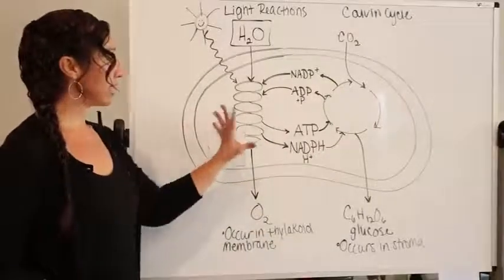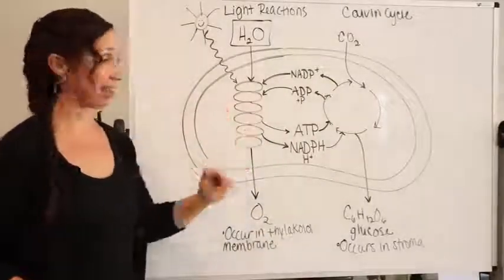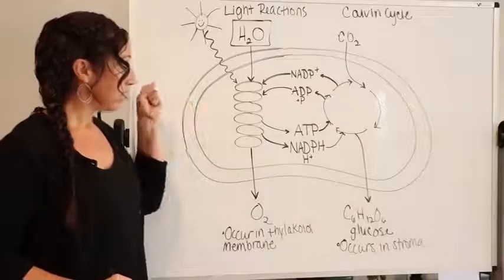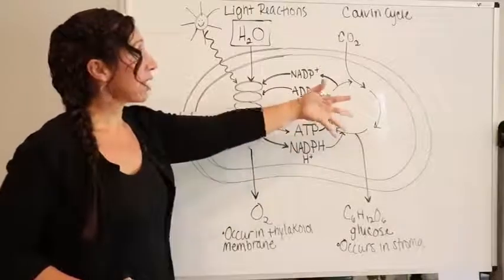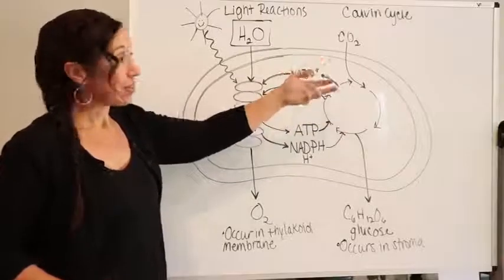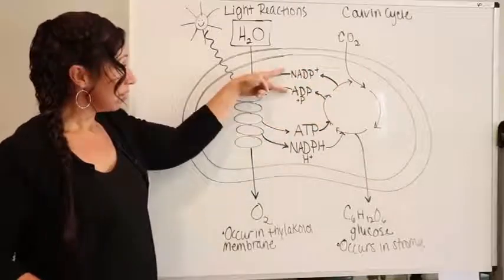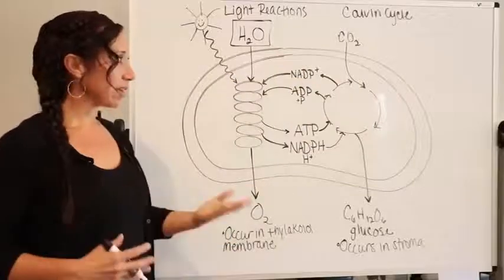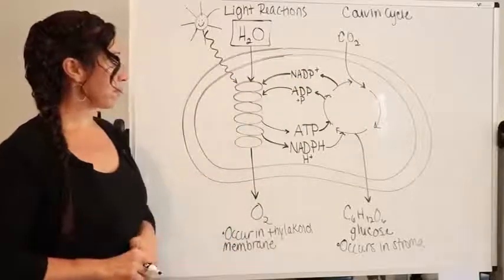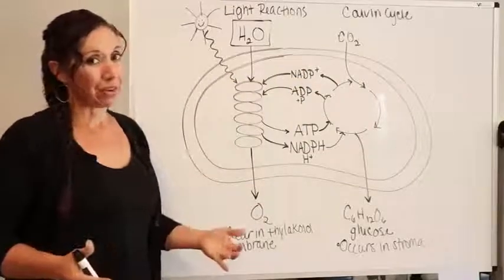The Calvin cycle and the light reactions are intimately tied together. You need the light reactions to create all the ATP and the electron carriers in order for the Calvin cycle to go, and you also need the Calvin cycle to make your electron acceptors and your ADP to keep things going as well. So they work together beautifully. But this happens during the day.